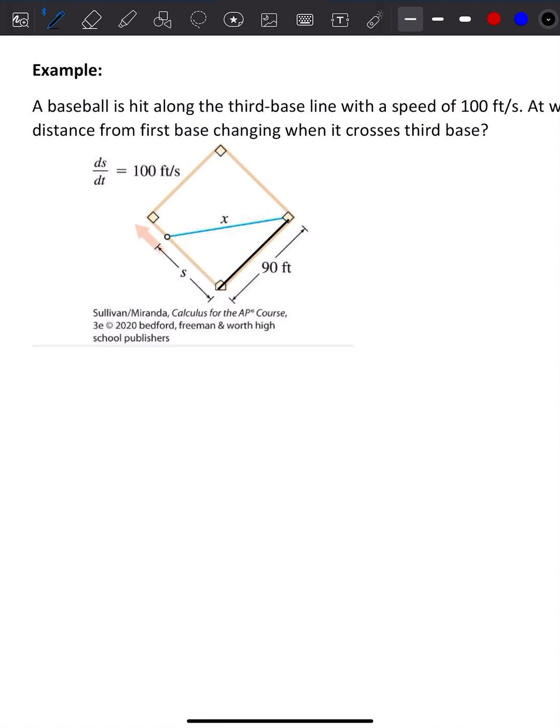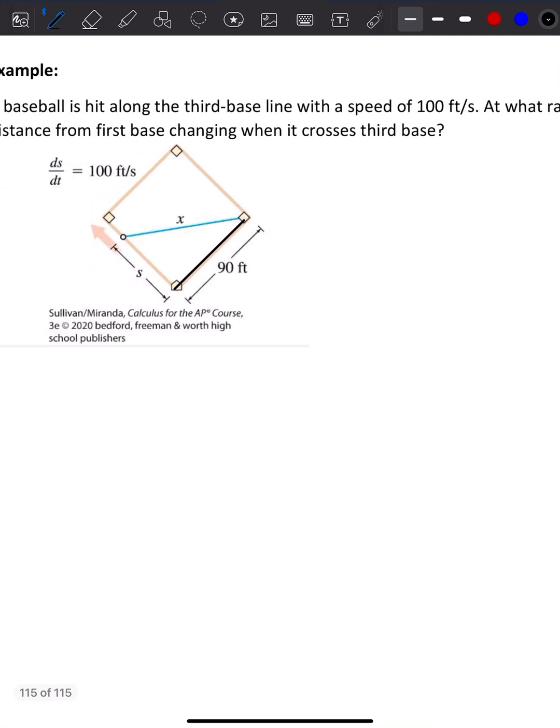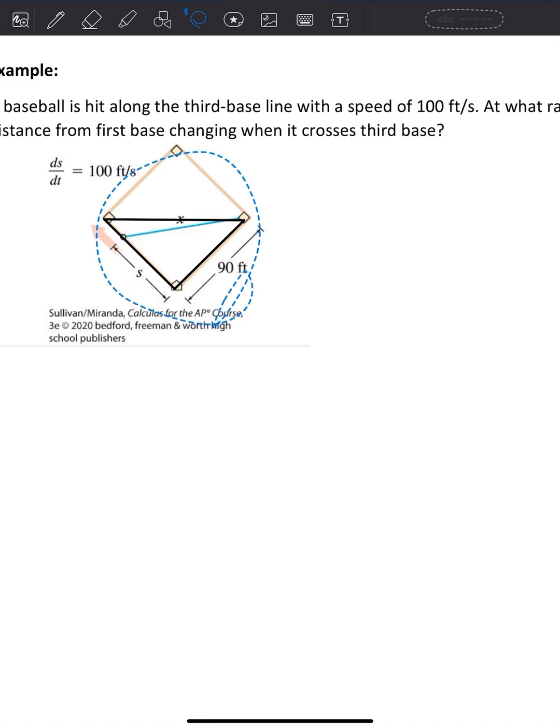The other thing that we want to know is it says when it crosses third base. So this picture is a little misleading, because we want to know when it crosses third base, meaning when it's right here. So this is the triangle we want.